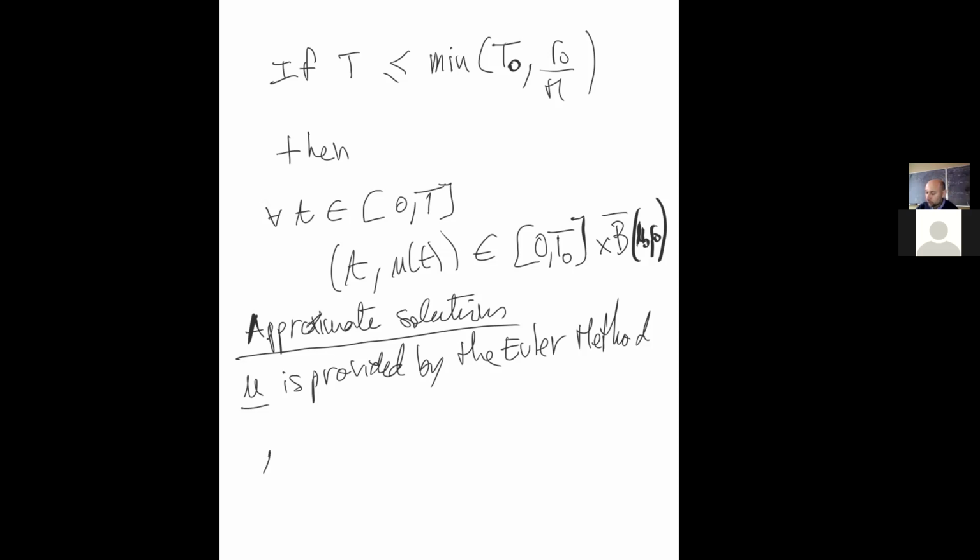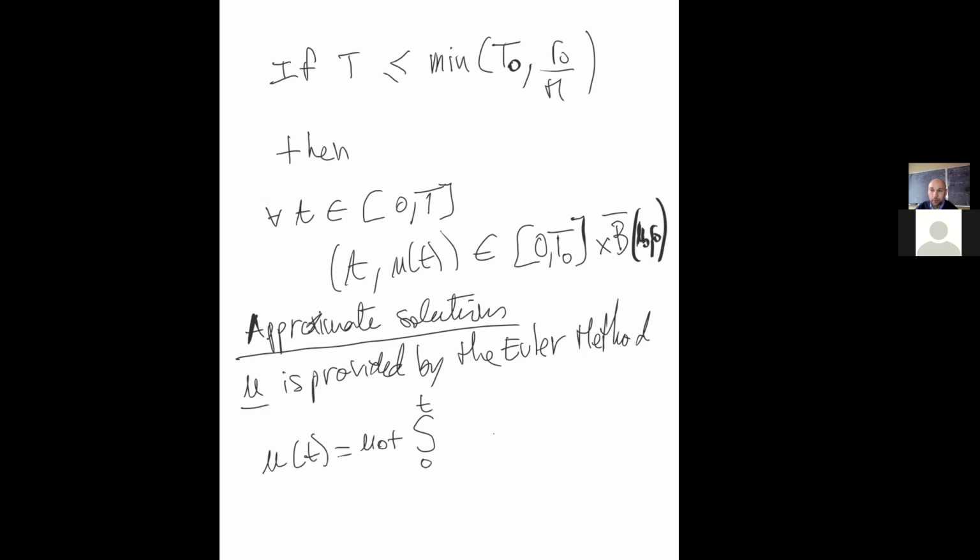So first of all, U is, in this case, piecewise C1. Sorry, that's wrong.